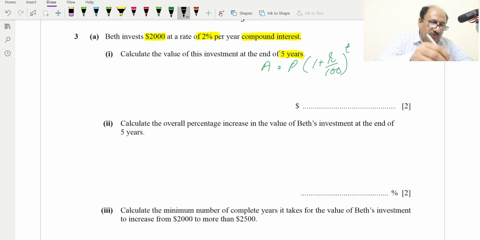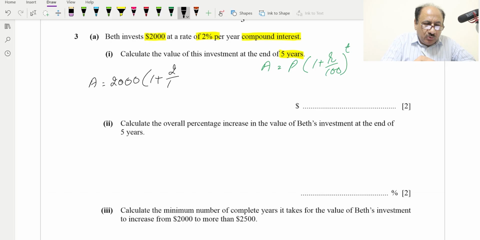So we will use this formula and replace the values. The principal amount invested is 2000. So amount will be 2000 × (1 + 2/100)^T, where the time duration is 5 years.